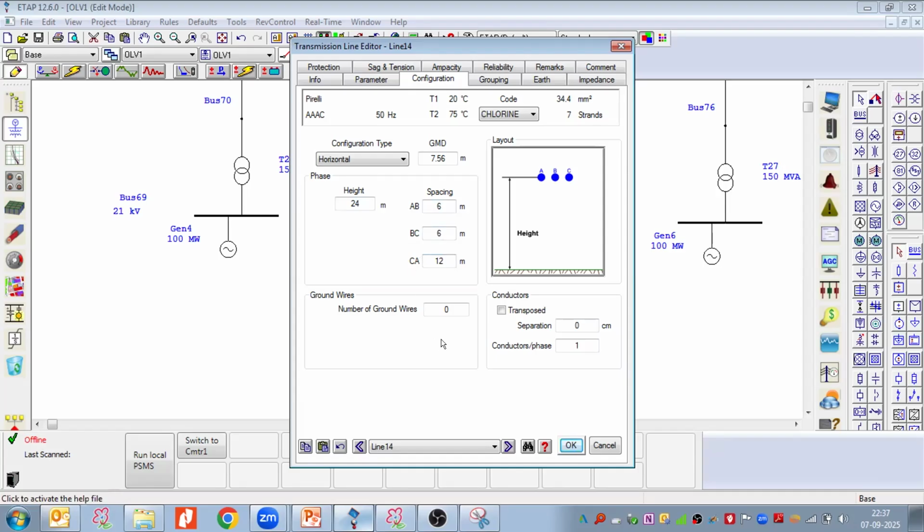If we want a ground wire, we can define the ground wire here as well. If transposing happens, we can select that also, and then define the separation distance and how many conductors per phase we have. So here we can define the other configuration-related data of the transmission line.